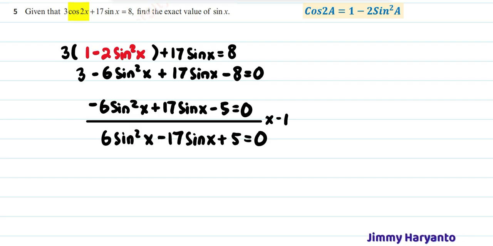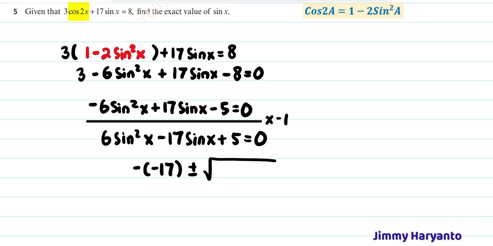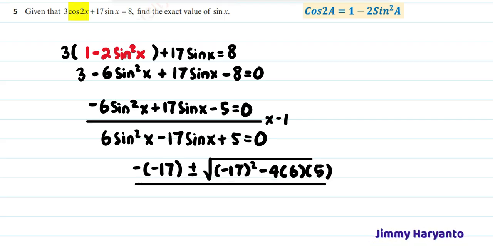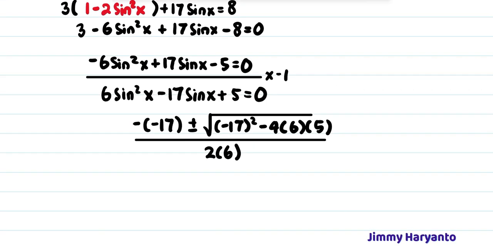Let's use the quadratic formula. The formula says minus b plus or minus the square root of b squared, negative 17 squared, minus 4 times a, which is 6, times c, which is 5, over 2a, 2 times 6. Okay, so let's calculate this. This one is sine x, not x, because we have sine squared x before.